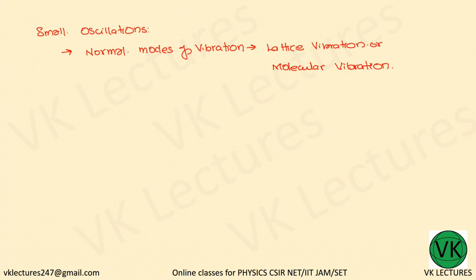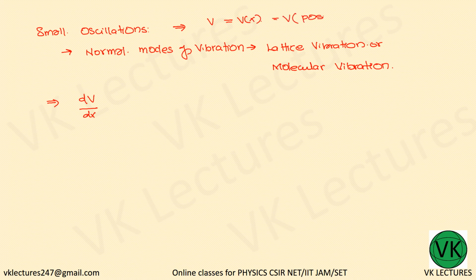Now the first derivative of the function, dV by dx, that is the potential with respect to x. For small oscillation, V, the potential, should be a function of the position.